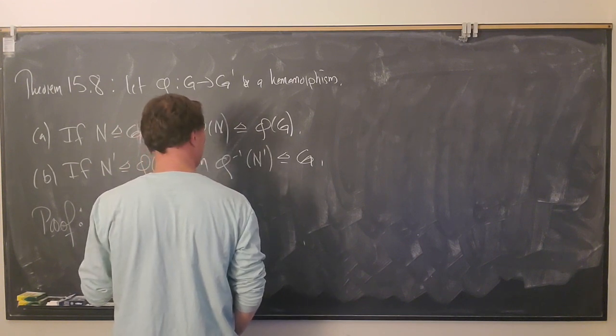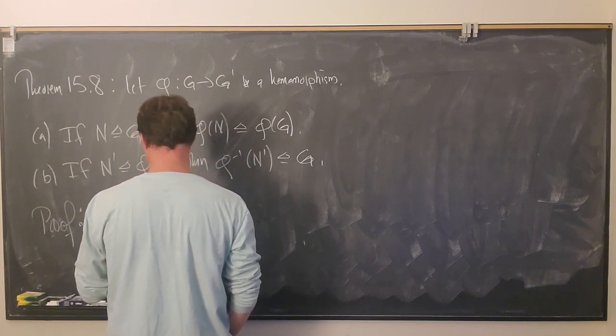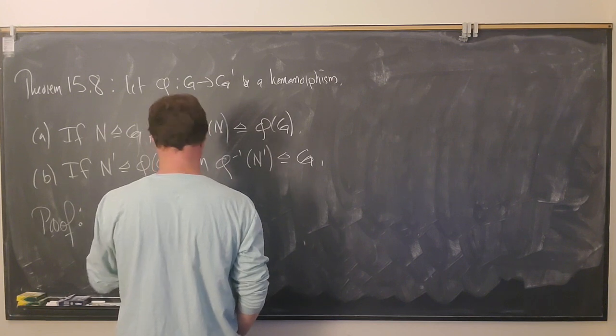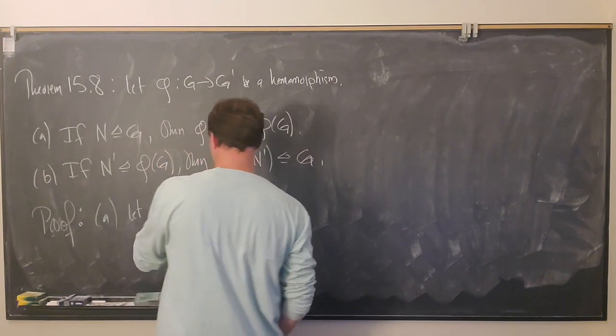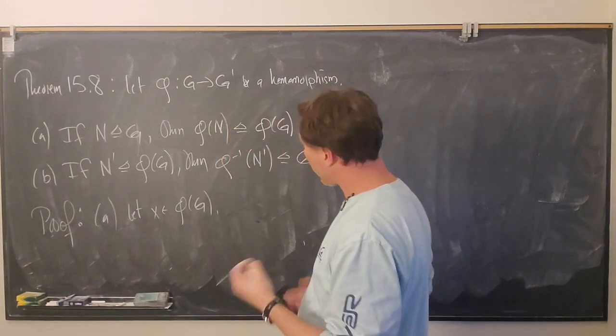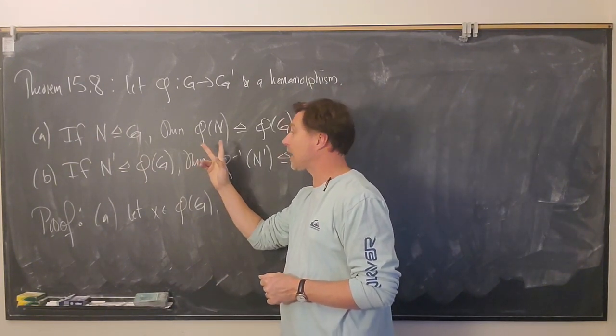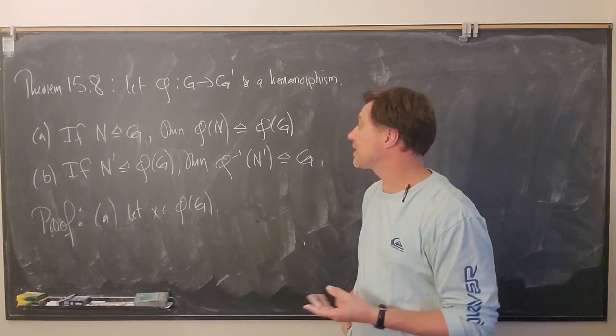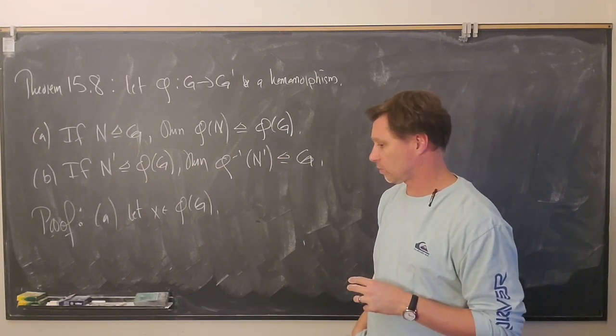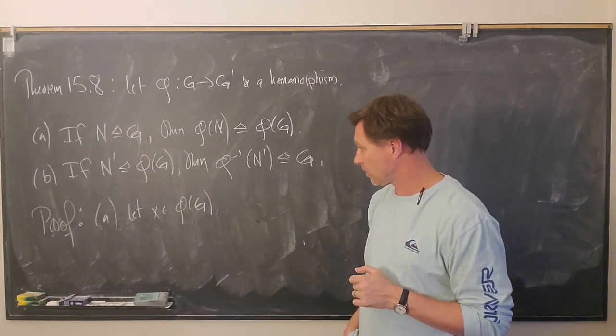Let X be an element of phi of G. What I want to do is look at the conjugate X times phi of N times X inverse. I need to show that that is contained inside phi of N. I'm applying the normal subgroup test.